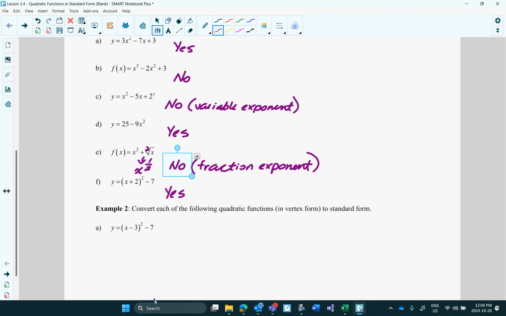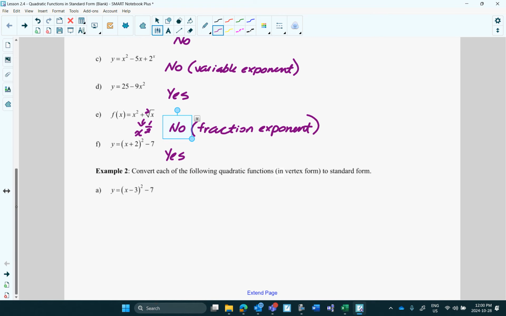So how do we go from one form to the other? Well, usually with vertex form, you can recognize it by parentheses. Usually. It doesn't necessarily have to have parentheses.